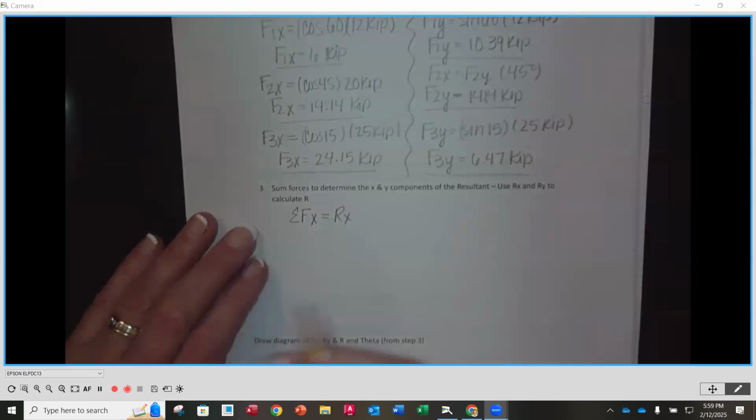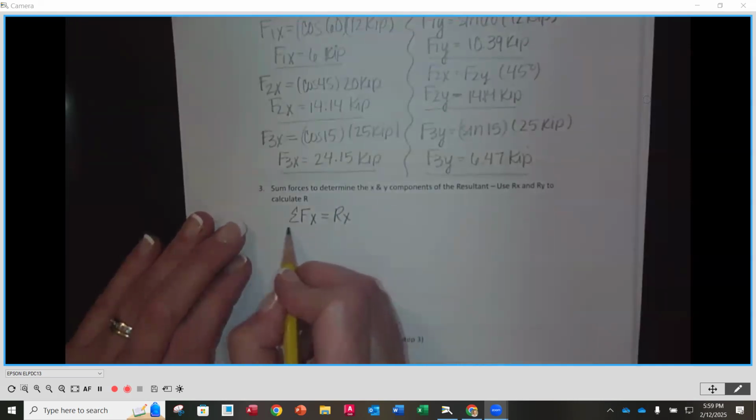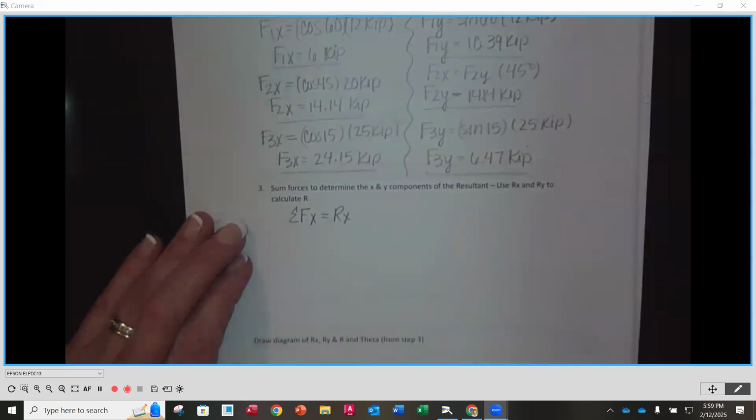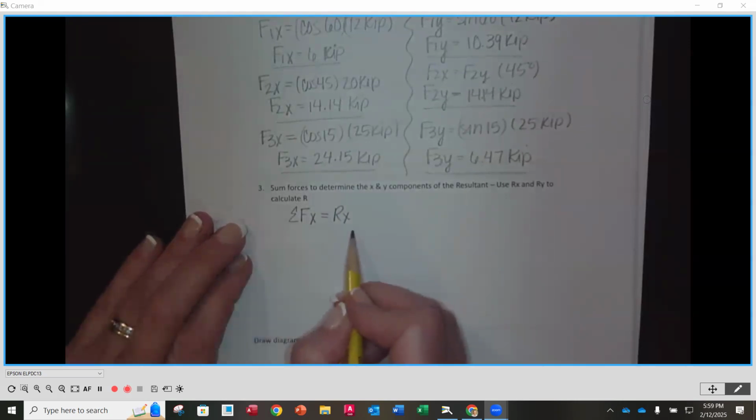Okay. So on the left-hand side here, this is where I'm going to go back to my illustration, and I'm going to be looking at horizontal forces and identifying positives and negatives. And whatever I get over here is going to equal my resultant X, okay?